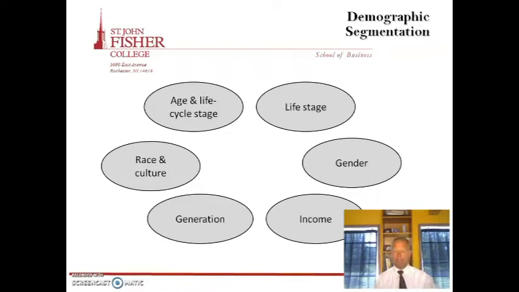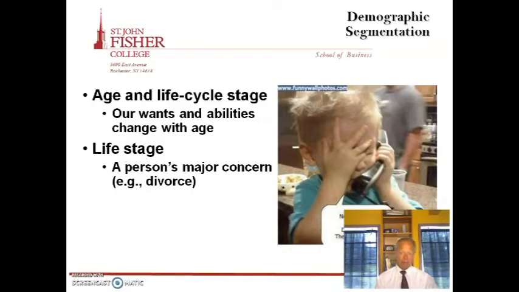But what you see here, in these bubbles on the screen, are basically the ways of segmenting a market demographically. So age and life cycle stage, for instance: there's a big difference between someone who is 50 and still has children in school and someone who is 50 and is an empty nester.